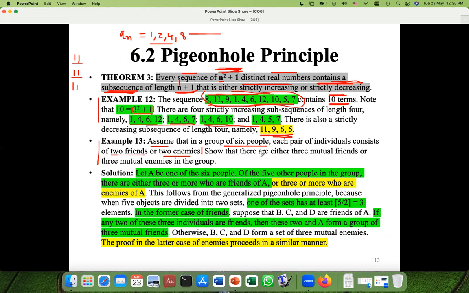The question is, show that there are either 3 mutual friends or 3 mutual enemies in this group of 6 people.